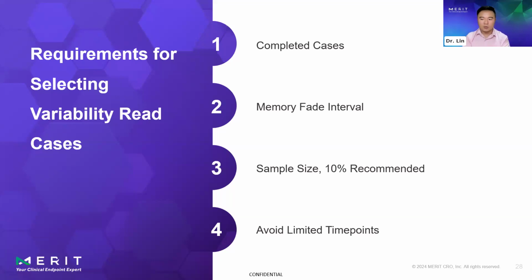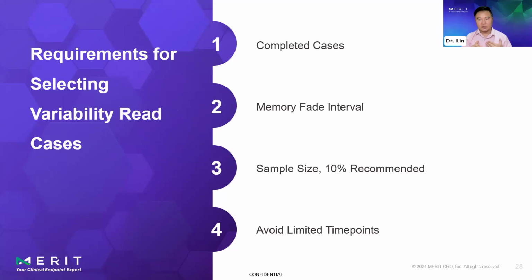And this also includes those cases with only baseline images and no follow-up scans, and also those cases with missing or not evaluable assessment in the initial efficacy evaluation. While selecting those cases with more comprehensive imaging data and complete assessment can provide a more robust basis of variability evaluation.